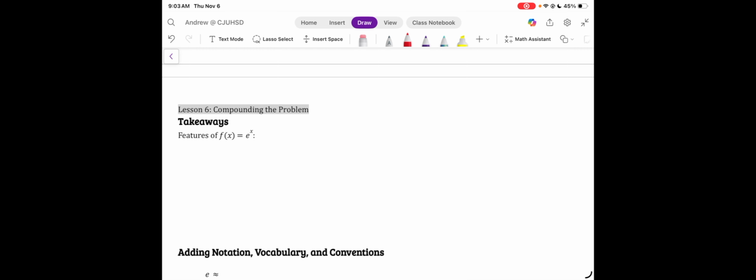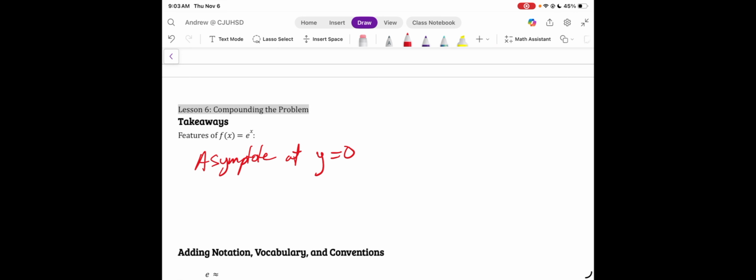The features here would be pretty much the same thing we just wrote down. There is a horizontal asymptote. Let's write that one down. Asymptote at y equals 0. And everything we wrote before.